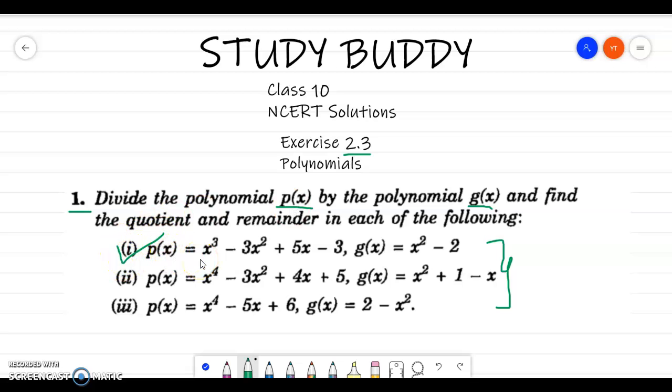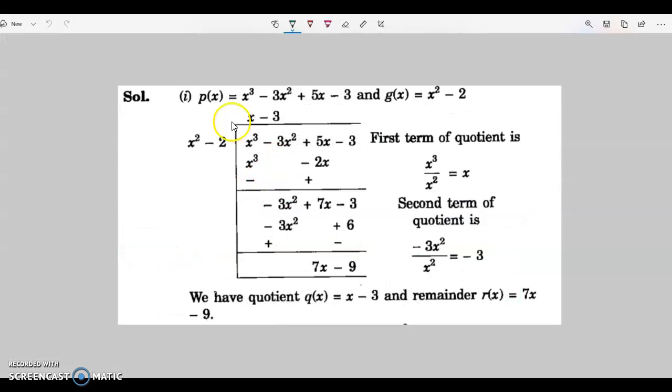p of x is equal to x cubed minus 3x square plus 5x minus 3 and g of x is equal to x square minus 2. Moving on to the solution, p of x is x cube minus 3x square plus 5x minus 3 and g of x is x square minus 2.